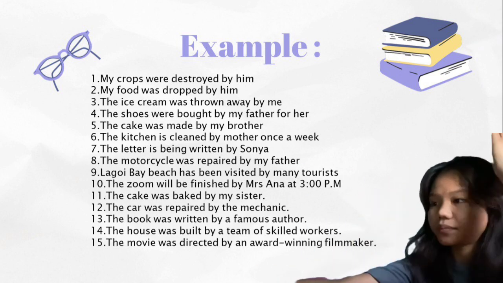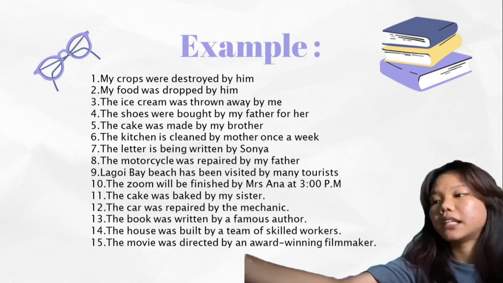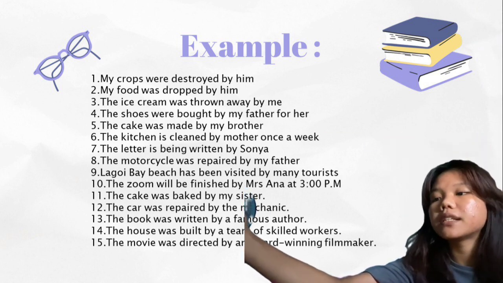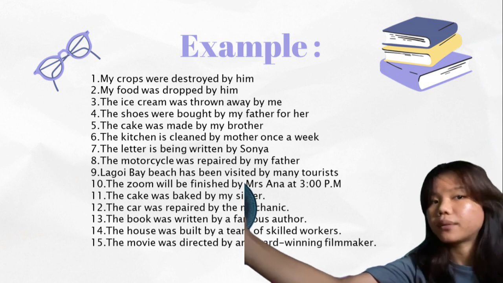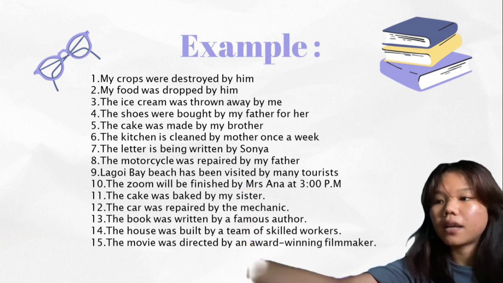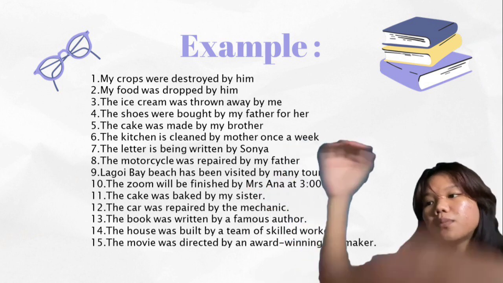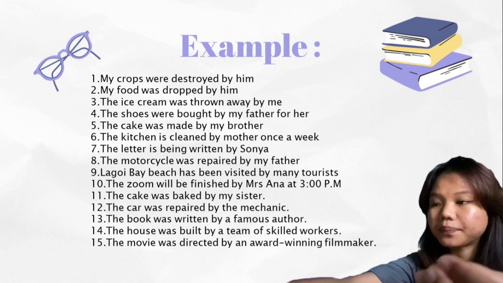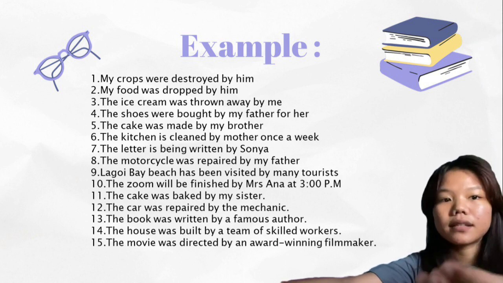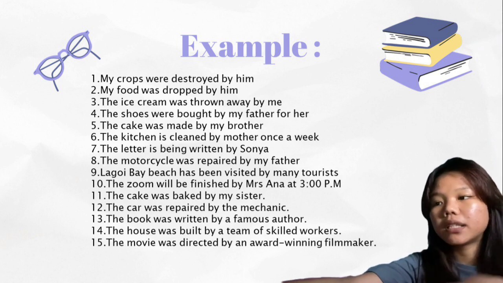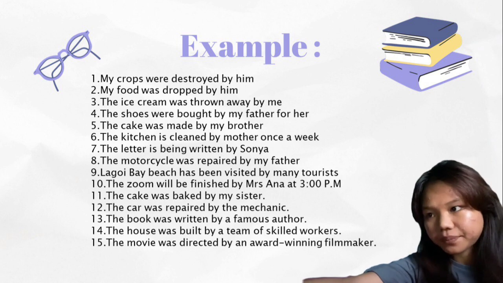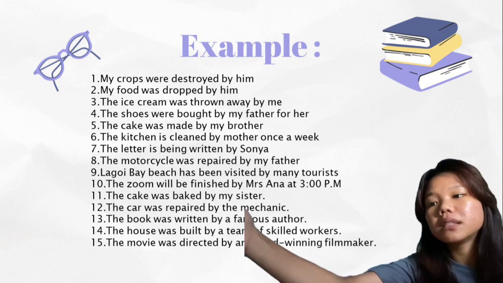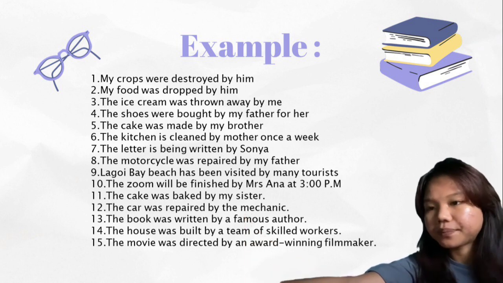And then 13, the book was written by a famous author. The book is the object. Was is to be, written is a verb, by a famous author is the subject.